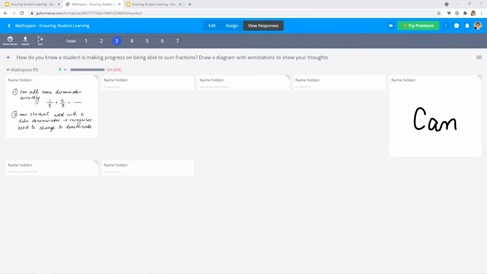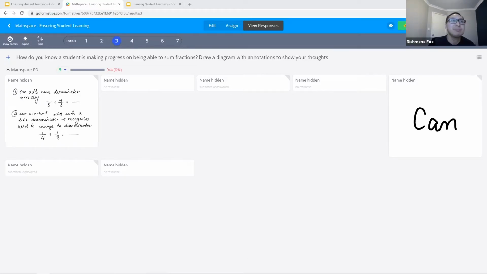Everyone's having some fun with the typing function, or the drawing function, I should say. It's cool. Now we can see some commonalities there with the comments in the chat, starting with same denominators as a first marker.